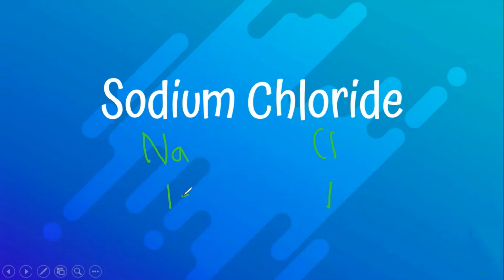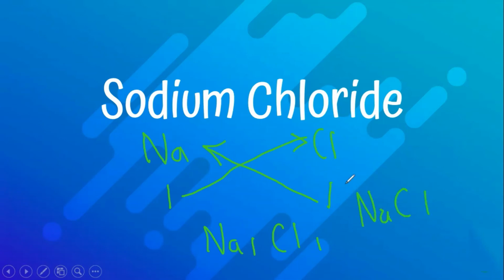So if we exchange these valencies, we get Na1 Cl1, but we don't need to write these ones because they are equal and it is not essential, so we can finally write it as NaCl, the chemical formula for sodium chloride.